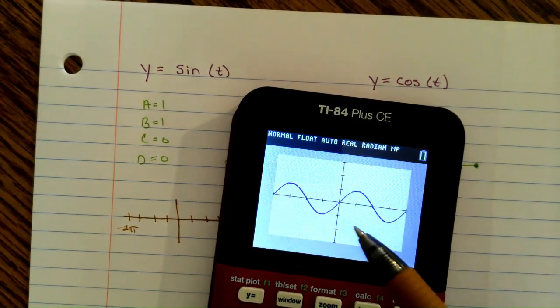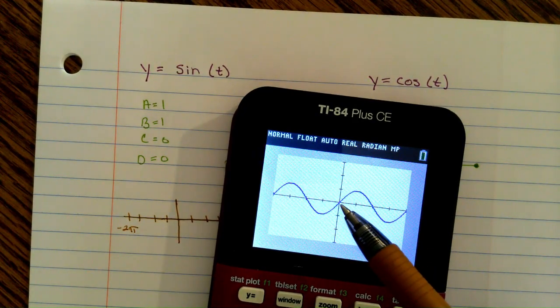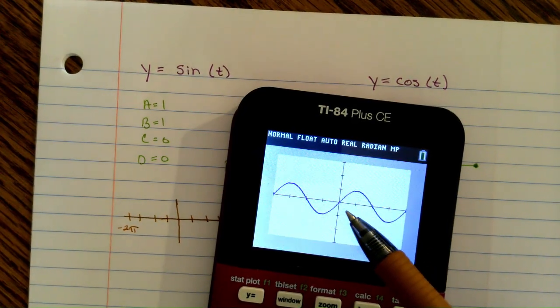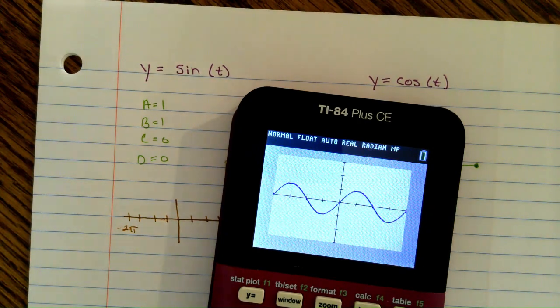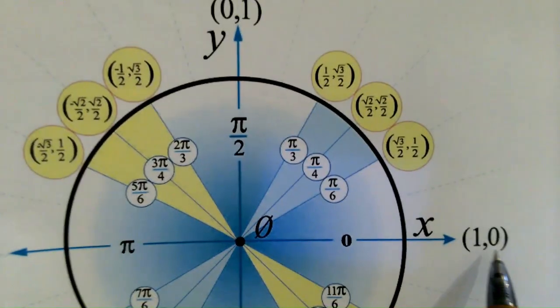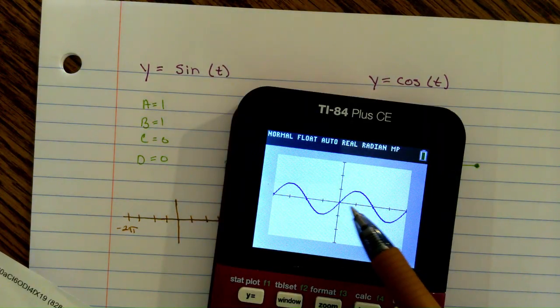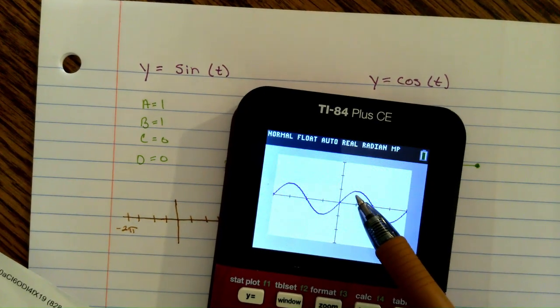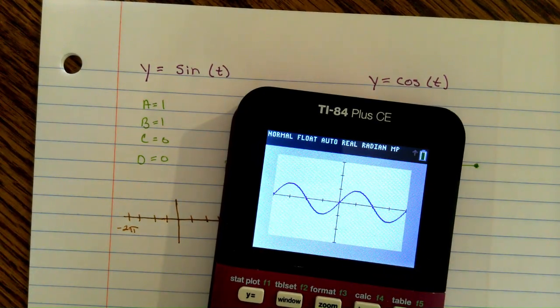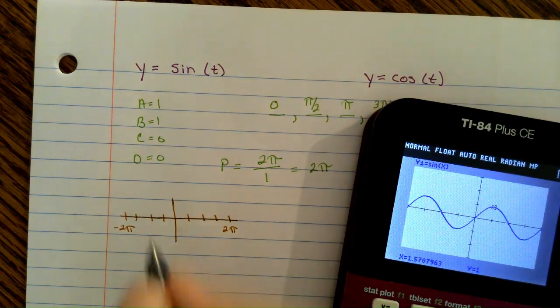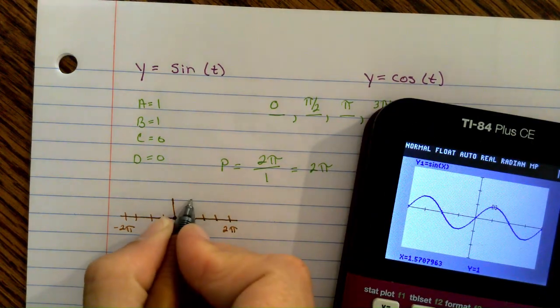And if you remember, sine was about your y value. So our y value started at 0. And by the time we got to pi over 2, our y value was 1. That's why it starts at 0. When we get to pi over 2, our y value is 1. So we can actually see this. We're at that peak, right? So at 0, it's 0. Pi over 2 is at 1.